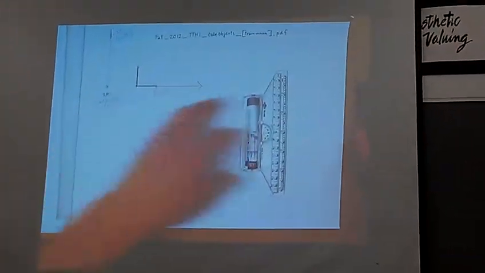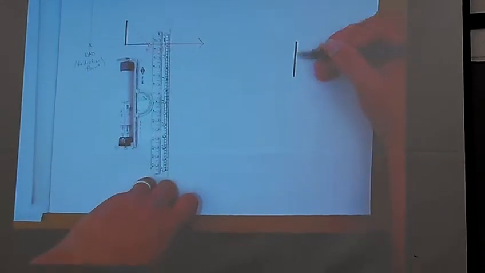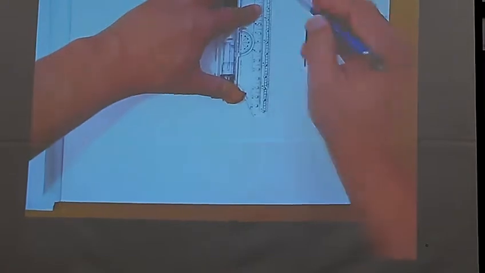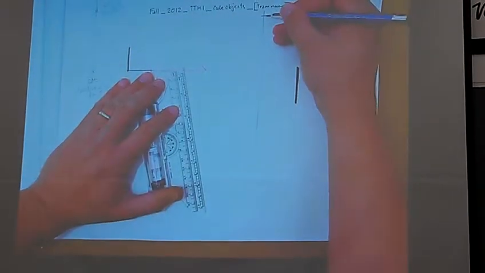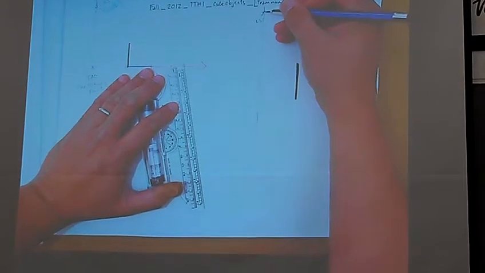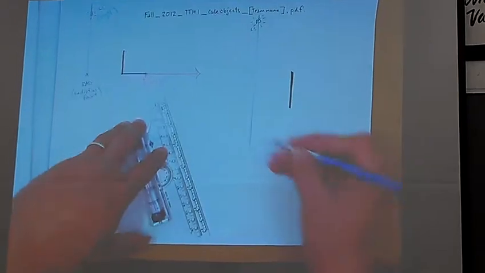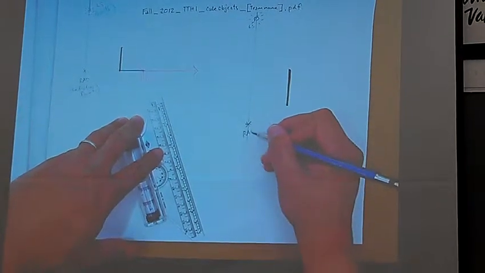Okay, so anyway, what does this look like in 3D? What it looks like in 3D is something like this. So here's Delilah. Here's our light source. And I'm going to arbitrarily pick this spot as the radiation point.